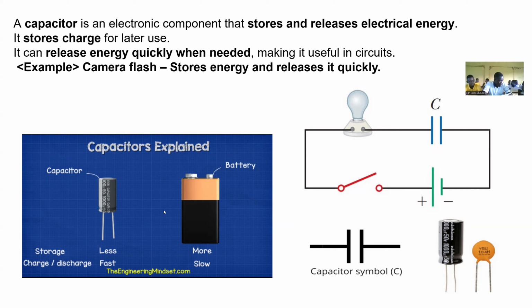A battery also stores and releases electrical energy, but the capacity storage is less. The battery stores way more energy, but the capacitor releases the charge at a very fast rate. But the battery, relative to the capacitor, releases more slowly.